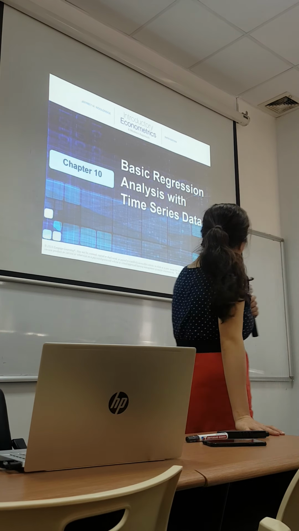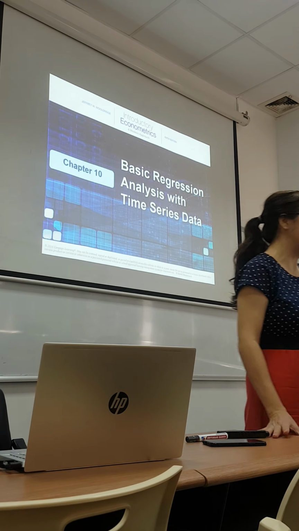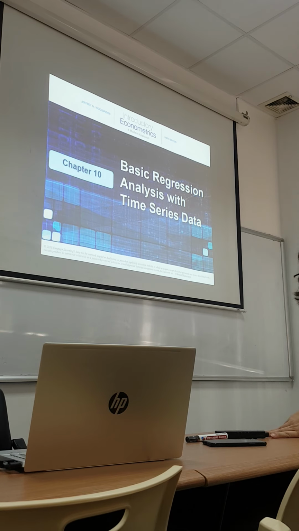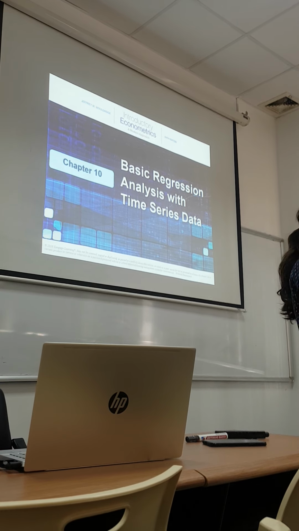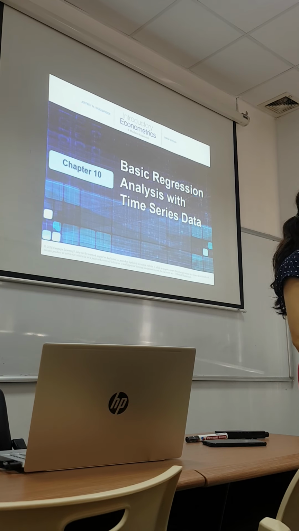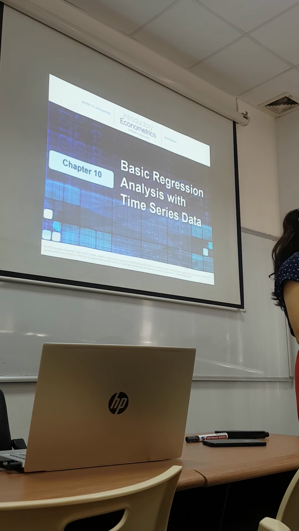And this is the link between cross-sectional and time series. I want to show you why we may not use OLS with time series data. We confidently use OLS with cross-sectional data, and even with panel data, we can use, like, the pooled OLS model, for example.